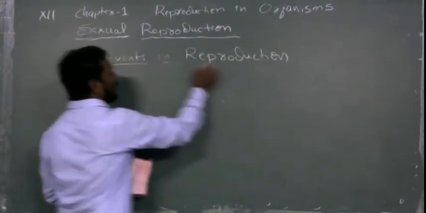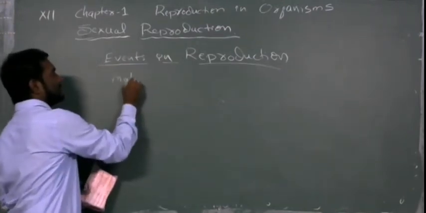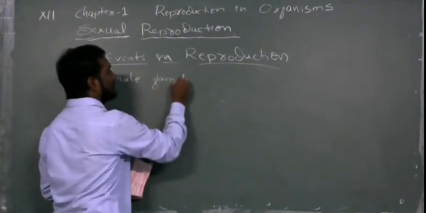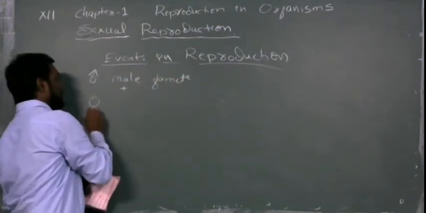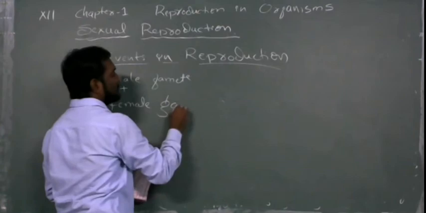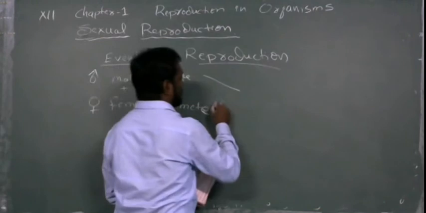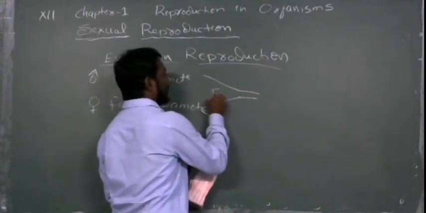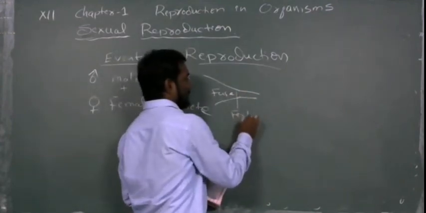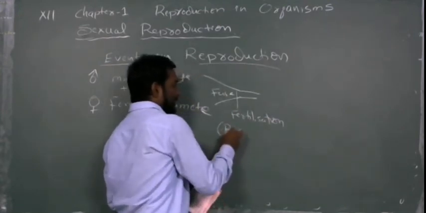As we know, the male gamete plus the female gamete both have to fuse. Once they fuse, this is called fertilization, in the act of reproduction.